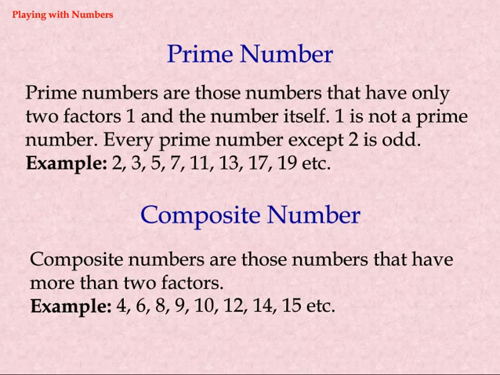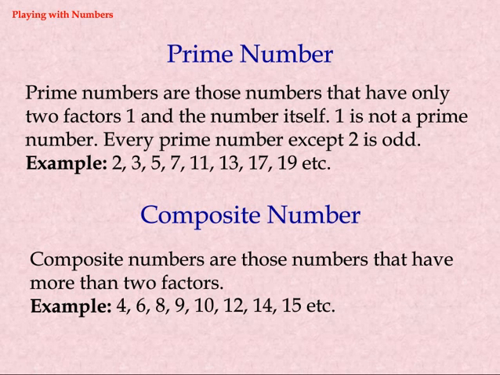Prime number. Prime numbers are those numbers that have only two factors, 1 and the number itself. 1 is not a prime number. Every prime number except 2 is odd. Example: 2, 3, 5, 7, 11, 13, 17, 19 etc. Composite number.